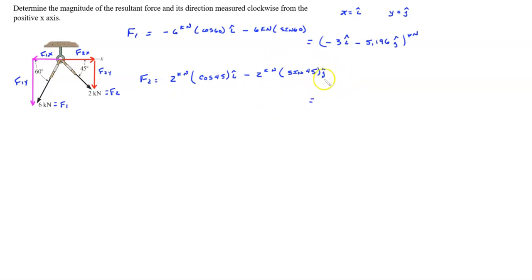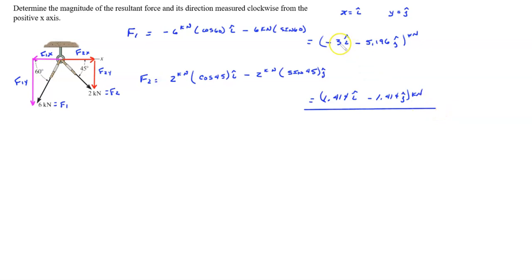Throwing that into our calculator, we get 1.414 i hat minus 1.414 j hat, in kilonewtons. So all we're going to do here is sum those.